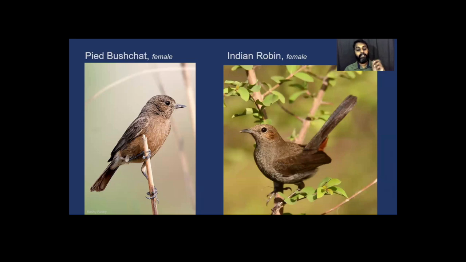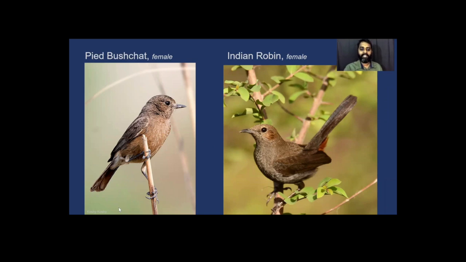One of the reasons is these two birds are found in the same habitat, that is open scrub habitat, and they like to come on top of a bush or rock and sit. And for a new bird watcher, look at the color. Both have very similar color, and at first glance, sometimes it can be confusing.